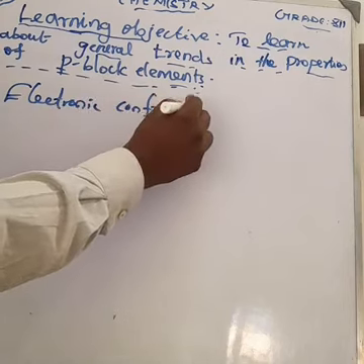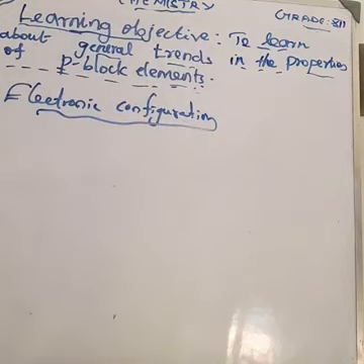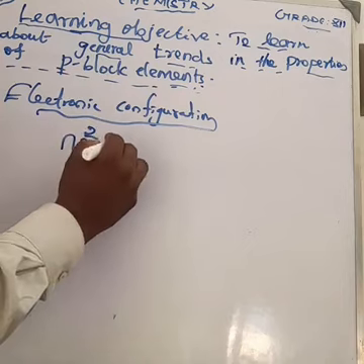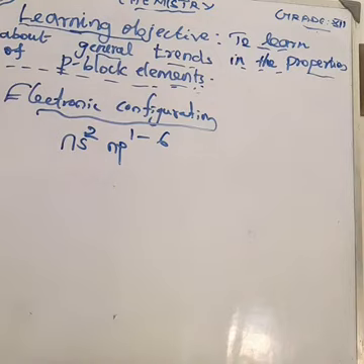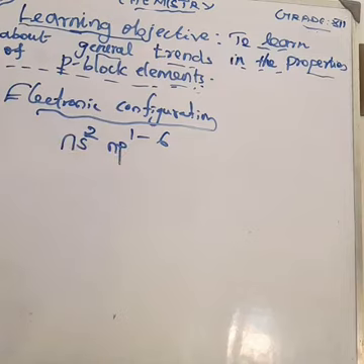First, we have to discuss the electronic configuration of P block elements. My dear children, the P block elements have the general electronic configuration ns2 np1 to 6. Can you understand me? What is the general electronic configuration? ns2 np, that is the np subshell, 1 to 6.